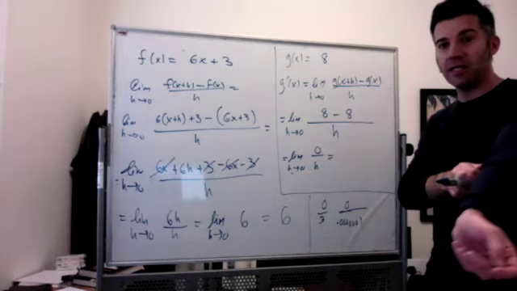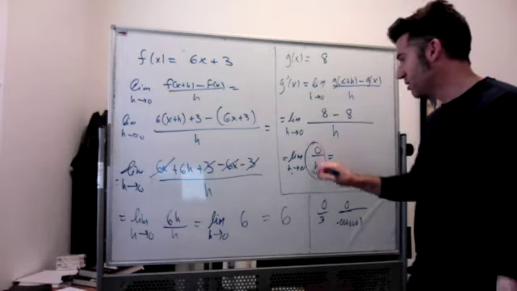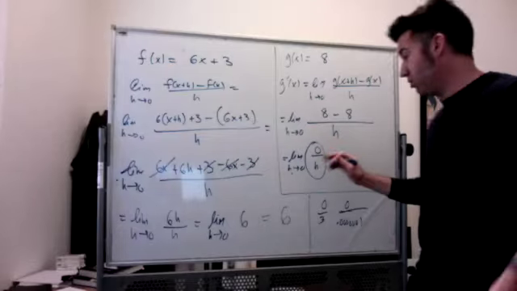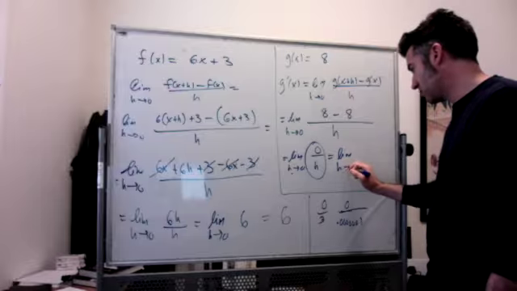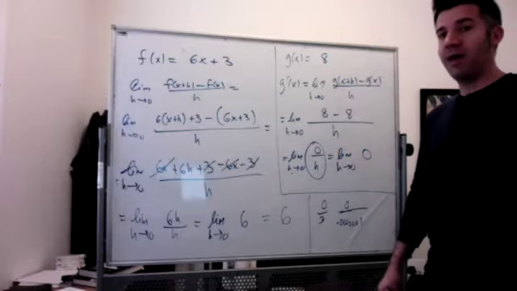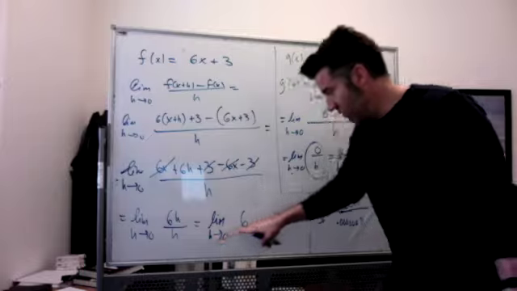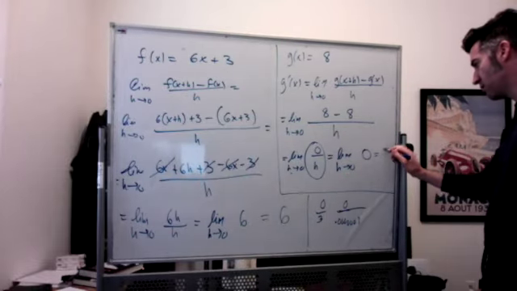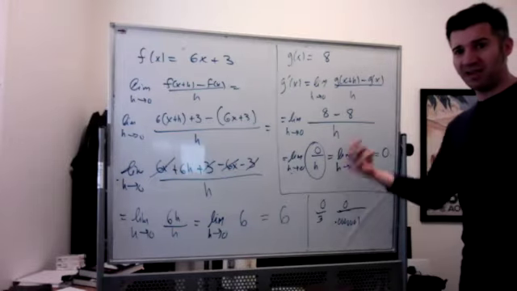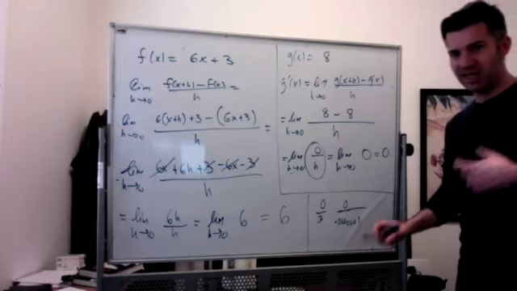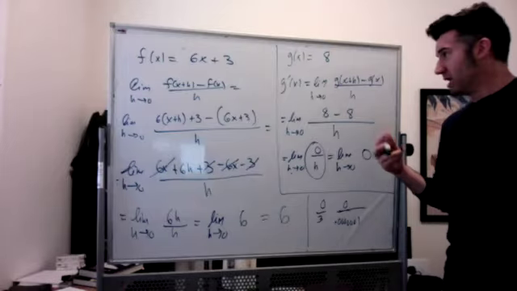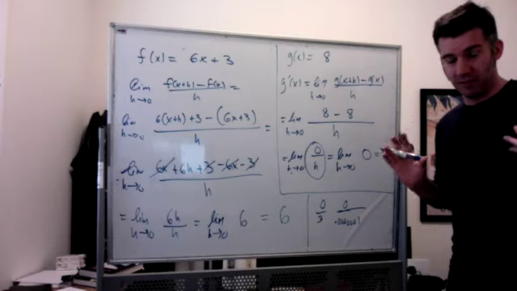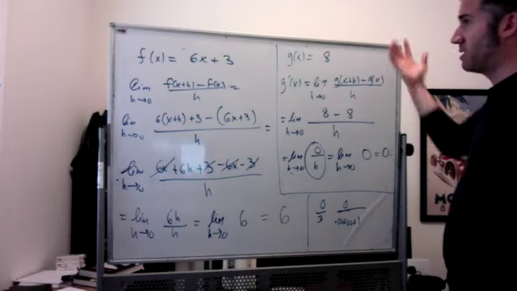So before I even think about the limit, this thing here is 0. So this is the limit as h goes to 0 of 0. And then the limit of a constant is just the constant. So that's how the limit definition works for this. Even though it's a very straightforward derivative, it can be a tiny bit confusing. But that's the process for this.